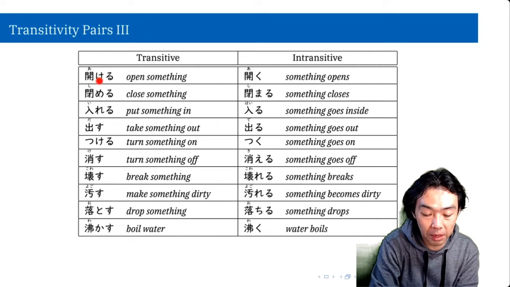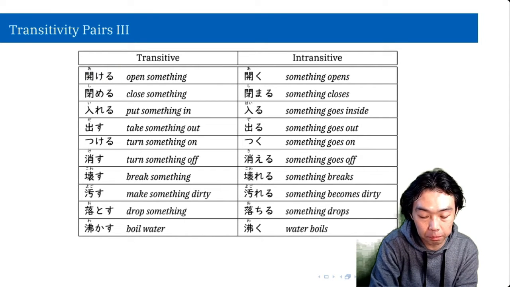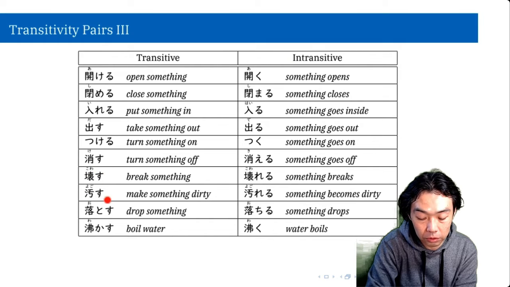I think it's even better to say someone opens something. 閉める is someone closes something. 入れる is to put something. 出す is to take something out. つける is to turn on something. 消す is to turn off something. 壊す is to break something. 汚す is to make something dirty. 落とす is to drop something. And 沸かす is to boil something.